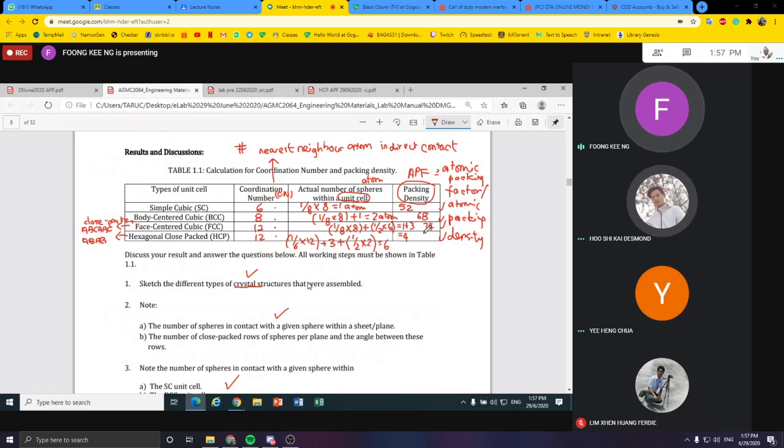It will be the same as FCC. Why? Because they come from the same original close packing. Very good. So FCC and HCP are the same, 74 percent. 74% is occupied by spheres of atoms.